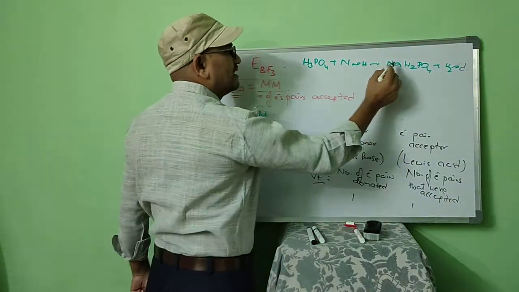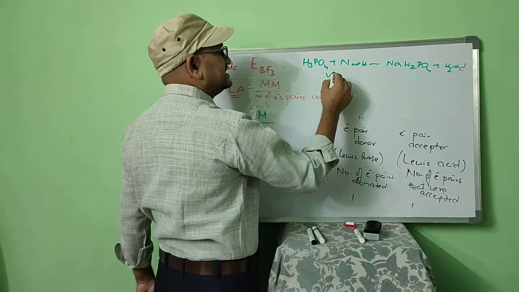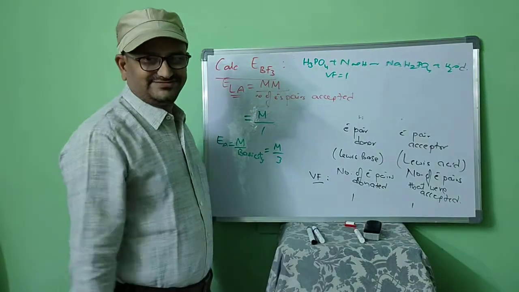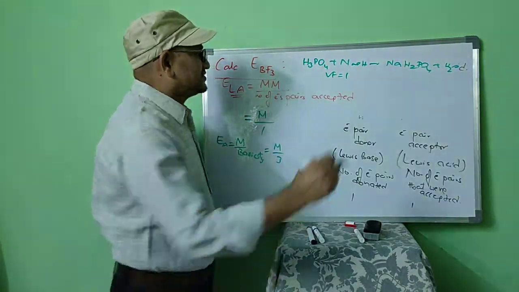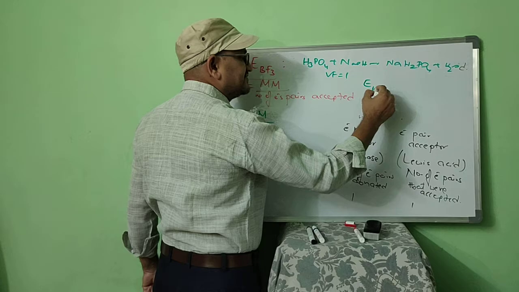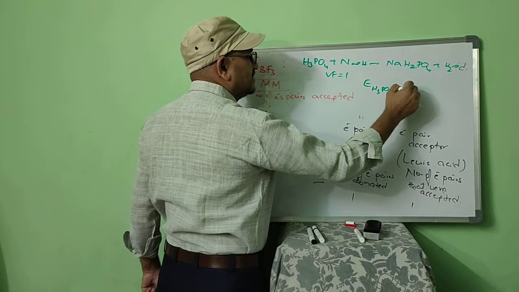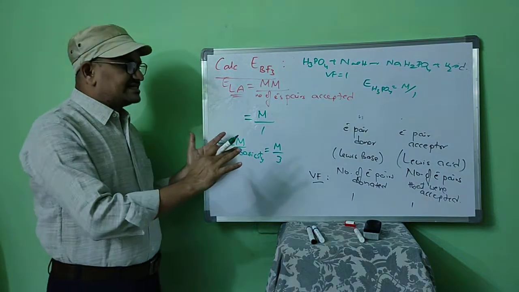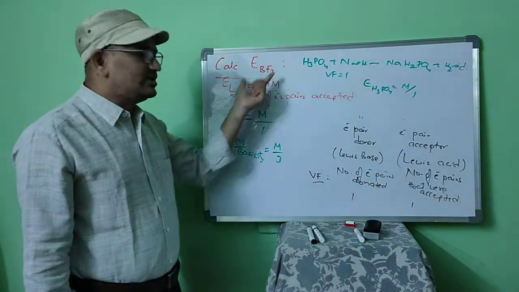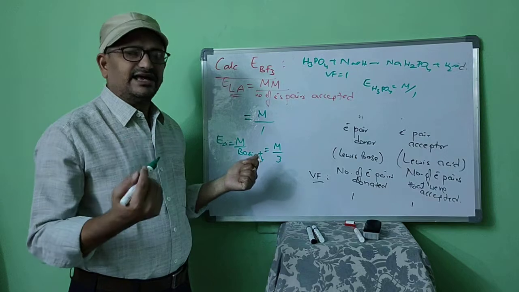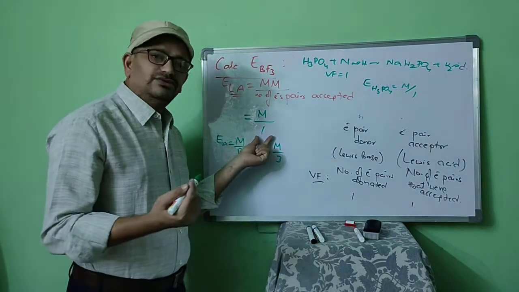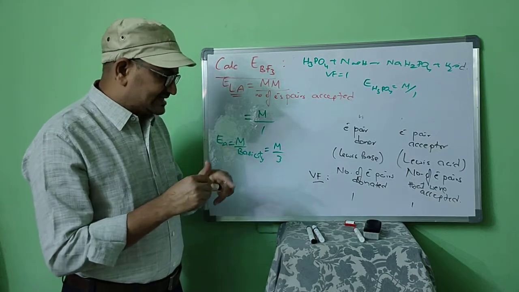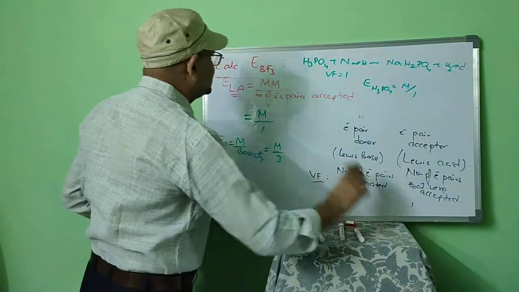Out of 3, only 1 H is replaced. So here the valency factor, instead of 3, is now 1. So in such a case, the equivalent mass of the same H3PO4 is molecular mass by 1. Such cases, and even today we discussed the Lewis acid. How many electron pairs can it accept? That value we have to consider in the denominator.